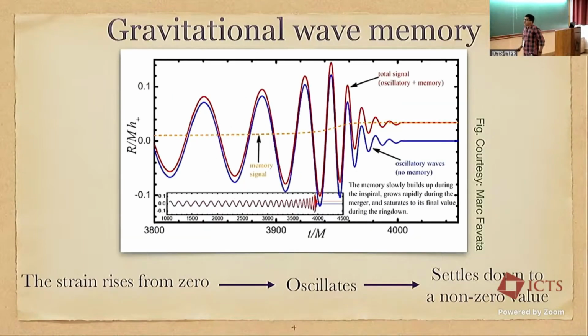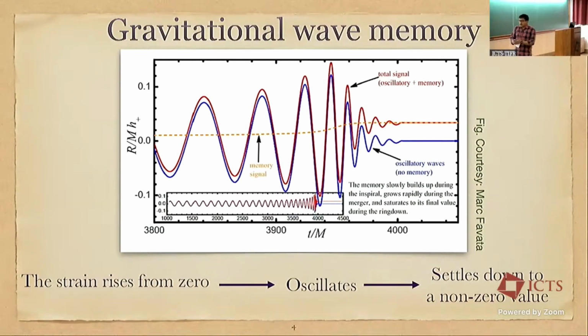Now, for a gravitational wave with memory, the strain starts from 0, oscillates for a few cycles, and then settles down to a non-zero value. How will we see this in the detector? When a gravitational wave with memory passes through the detector, it causes a permanent displacement of the detector.